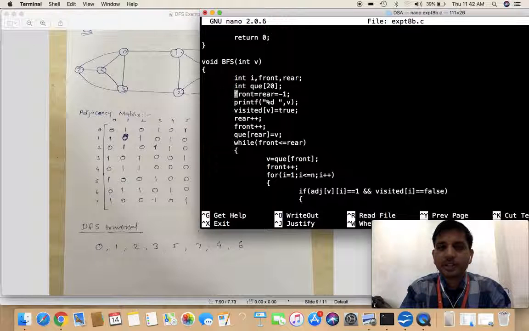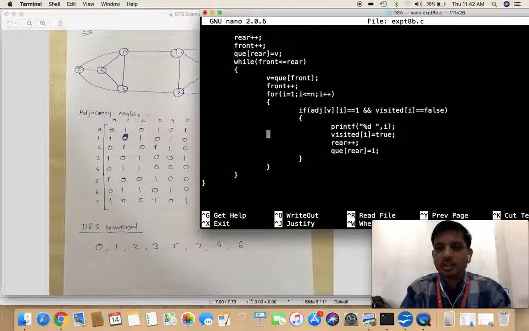Here the queue is initialized, then visited of v is equal to true, that is, the first node is visited, then rear plus plus, front plus plus, and I first dequeue. After that, while front is greater than or equal to rear, that is the empty condition, v is equal to q of front and front plus plus. Again, we have to check whether the vertex is adjacent and a non-visited vertex.